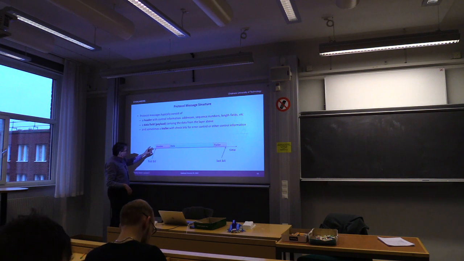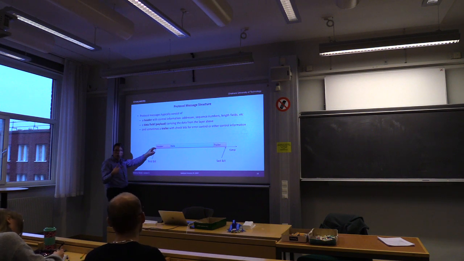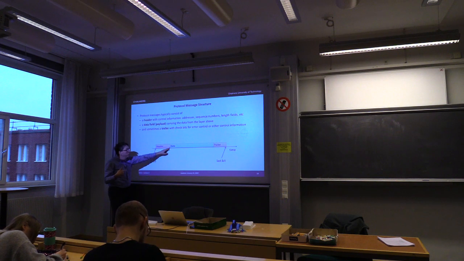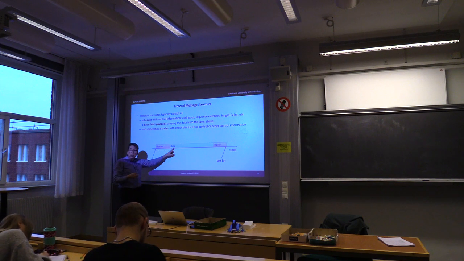Okay, and we can think of the header as being control information, addresses, other things which is needed for the protocol to do its stuff. Okay, so this is control information. Data is the information that the protocol got from the layer above it. So this is something that the layer has been asked to transfer. Okay, so we can think of this as the payload, right?